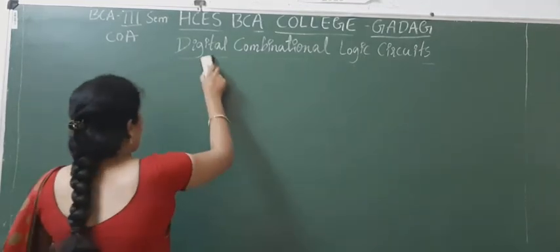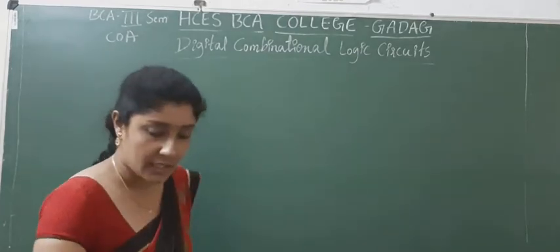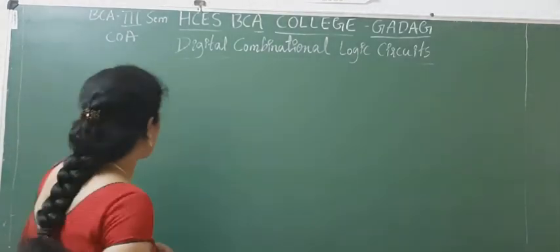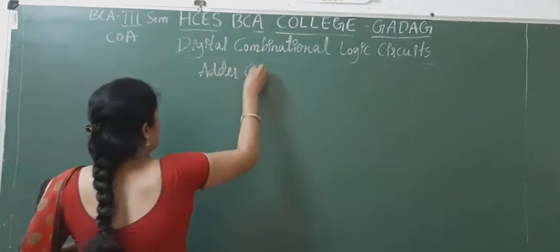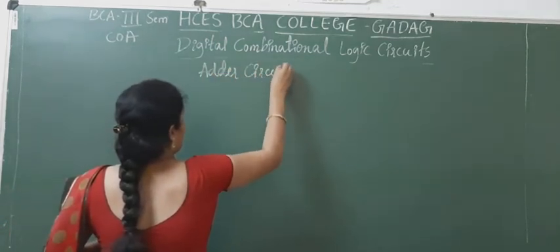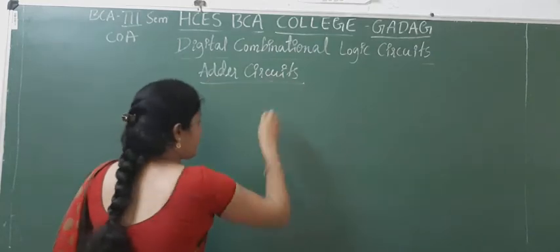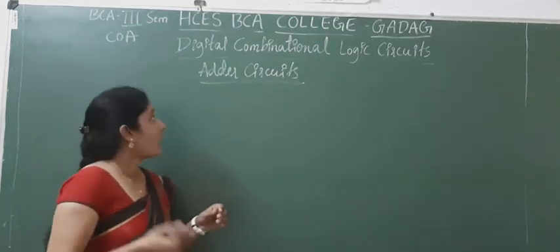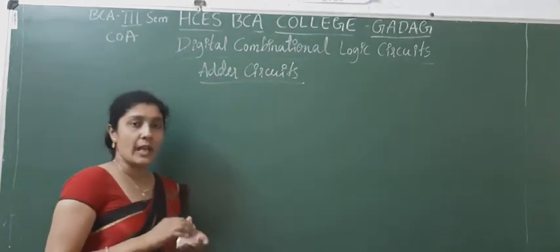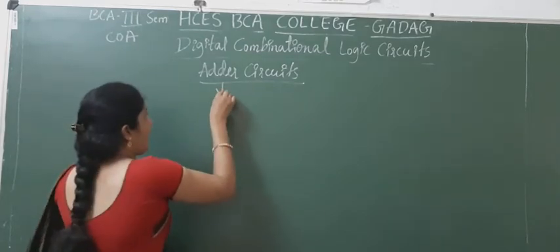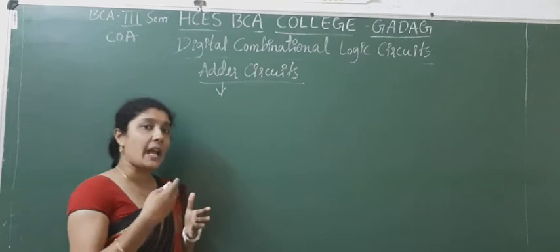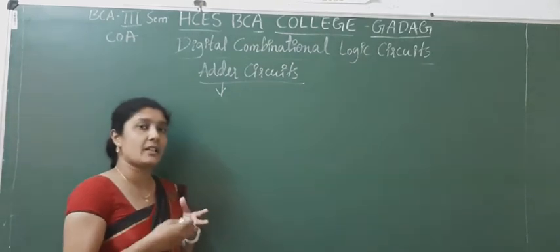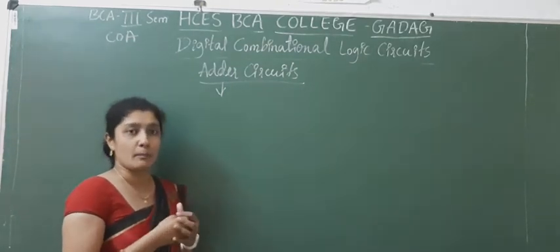Now, in this, we shall study adder circuits today. Adder circuits. As the name indicates, adder means what? It is a circuit which is adding. What is it adding? It is adding binary numbers.